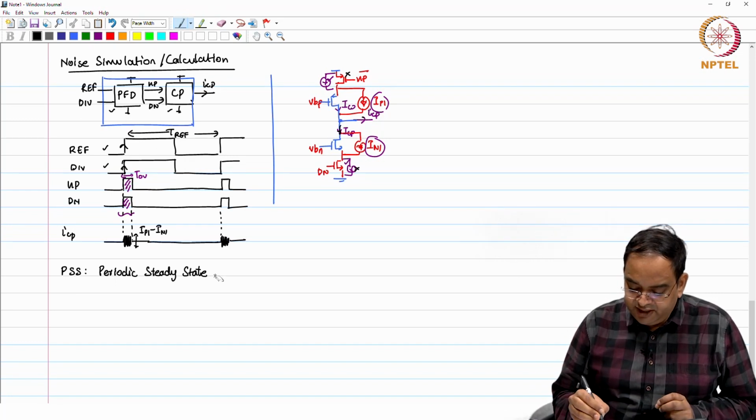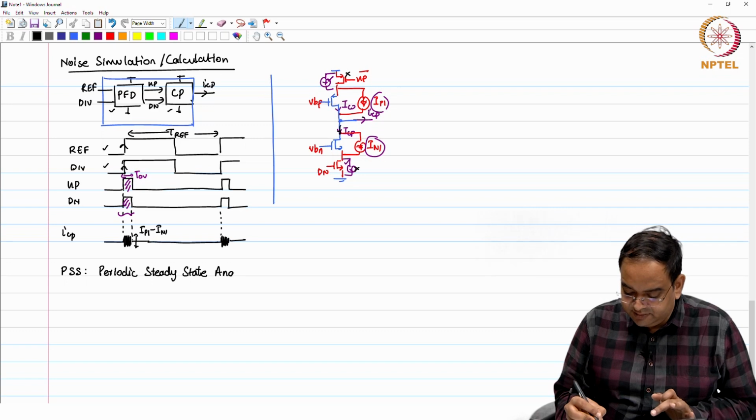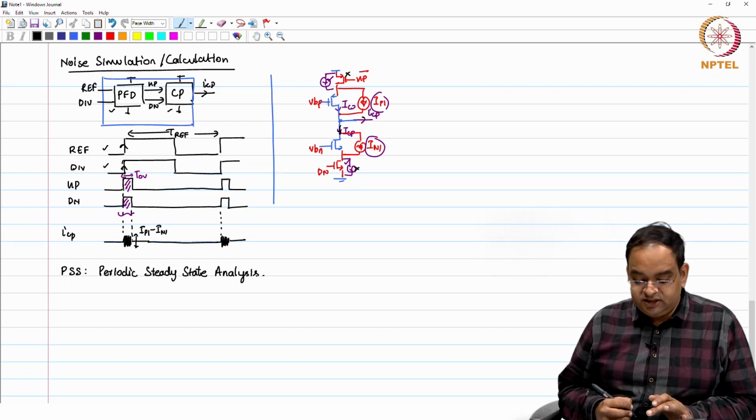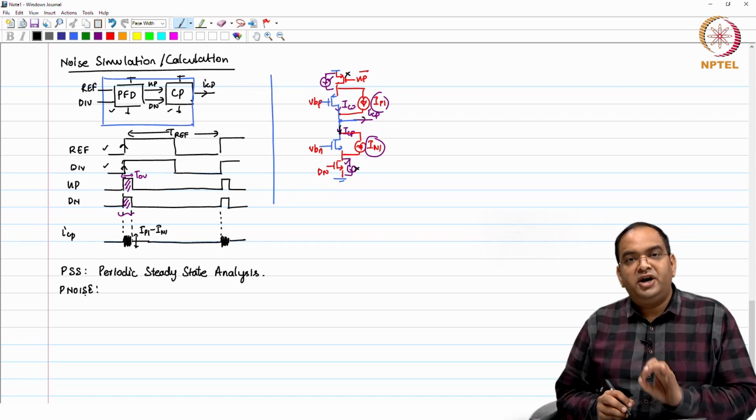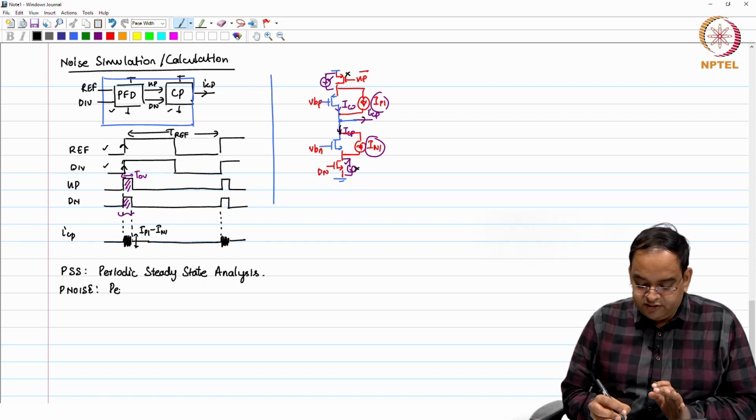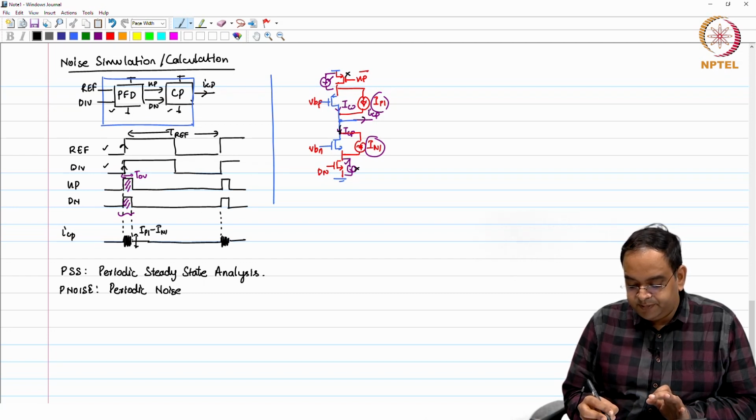So, this is periodic steady state analysis. This is a simulation which you will do, and then you can do PNOISE analysis, which is a noise analysis for periodic systems. So, this is periodic noise analysis.